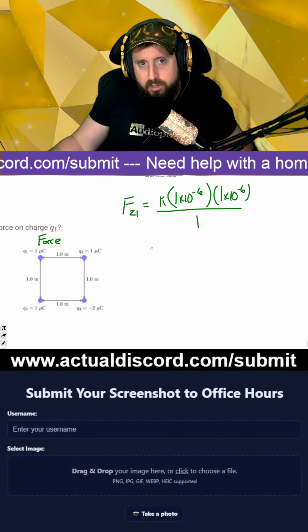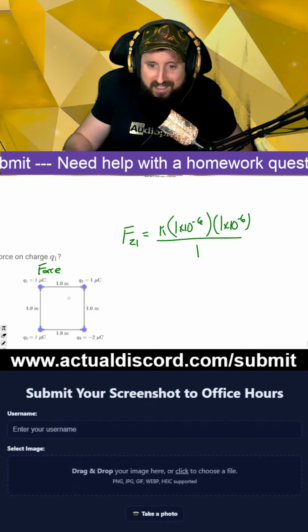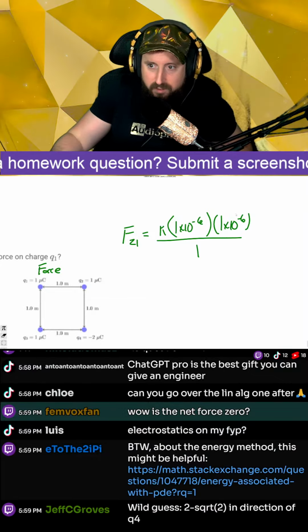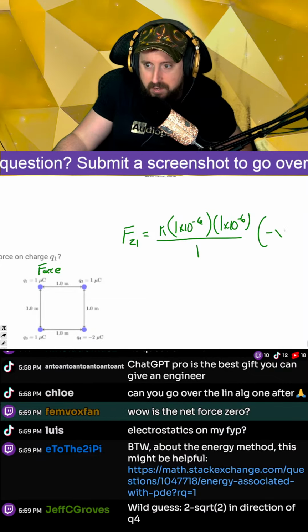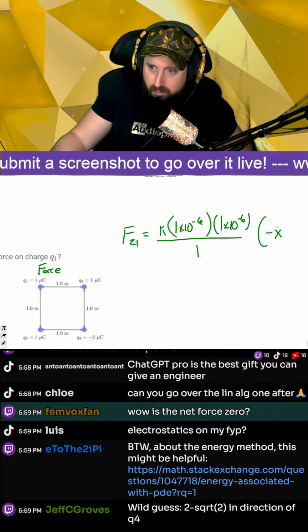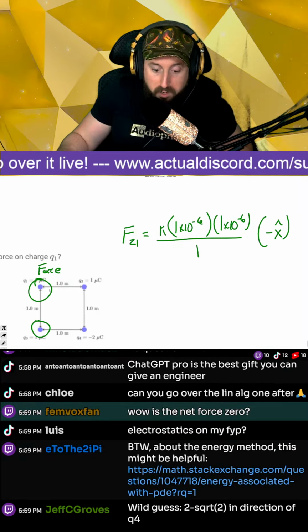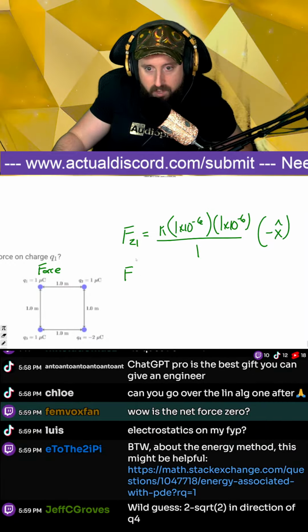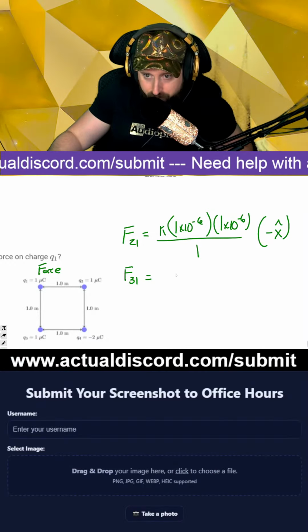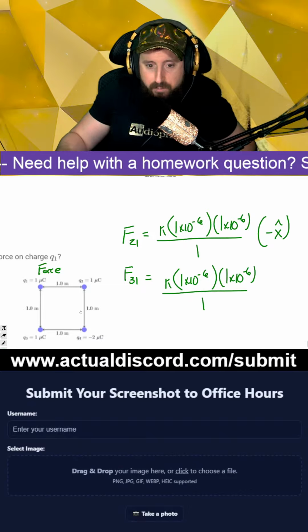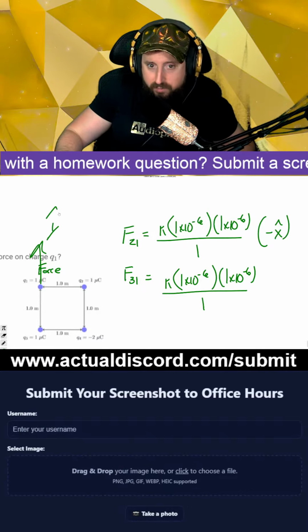So the same charge means that it's going to push the first one to the left. So I'm going to say this is in the negative x hat direction. And that's also going to be the same as the force between Q3 and Q1. So we can say force 3 on 1 is going to be equal to the same numbers. However, that's going to push it up in the positive y hat direction.